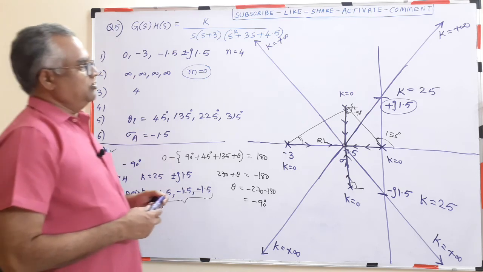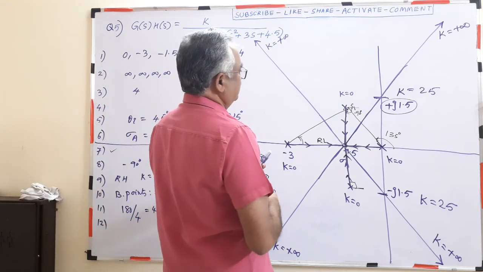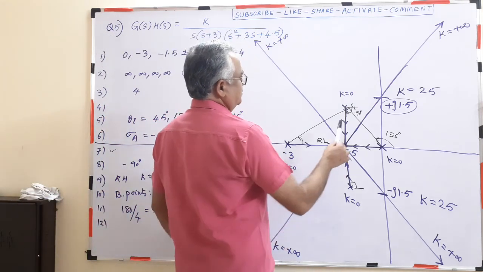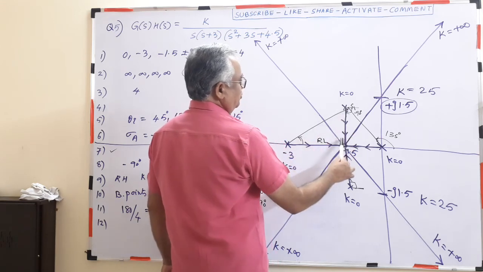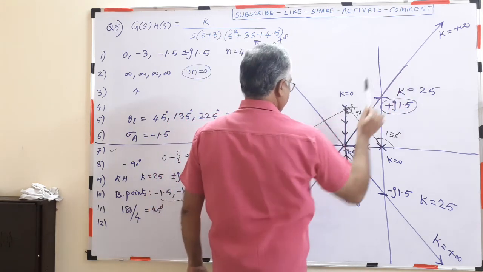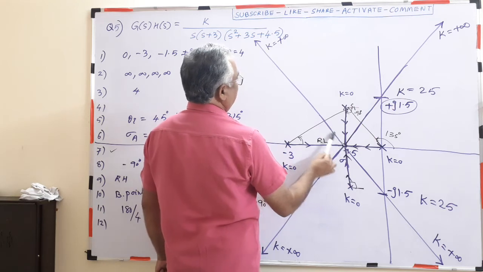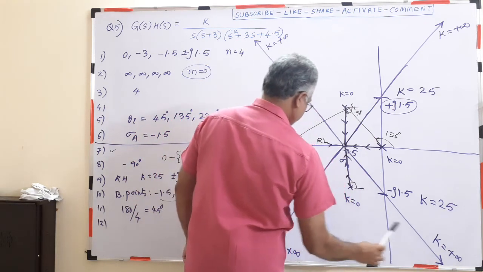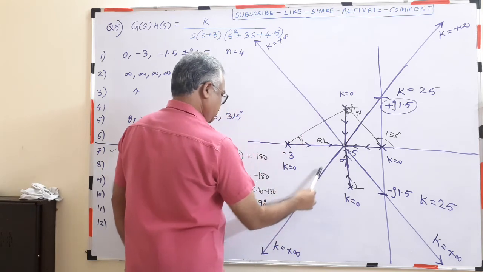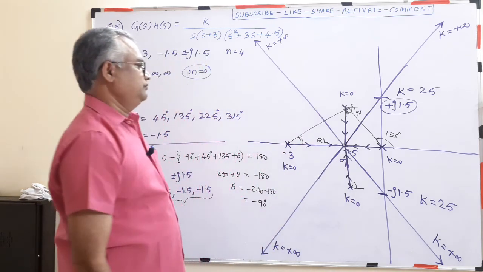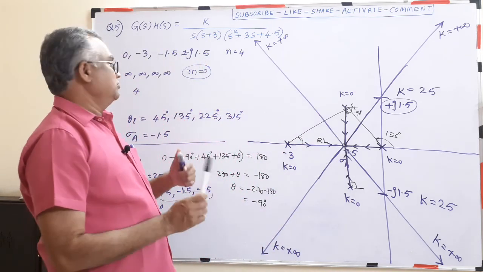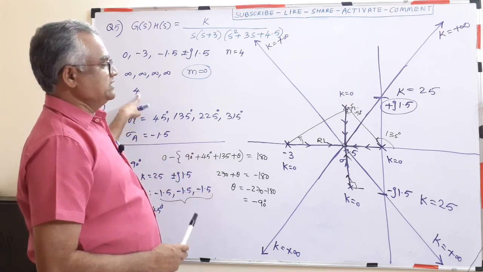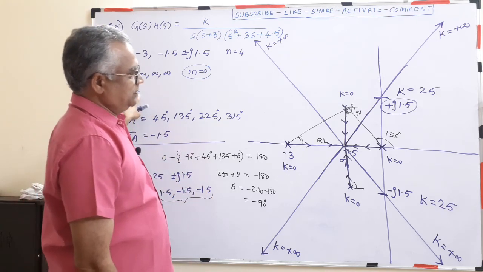So this is the problem. Okay, so k equal to 0 to infinity, these are the four branches of root locus.